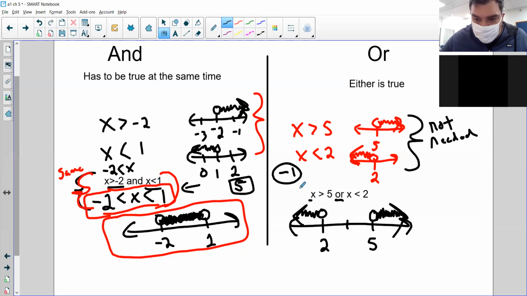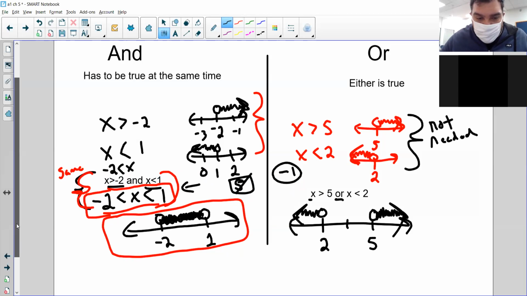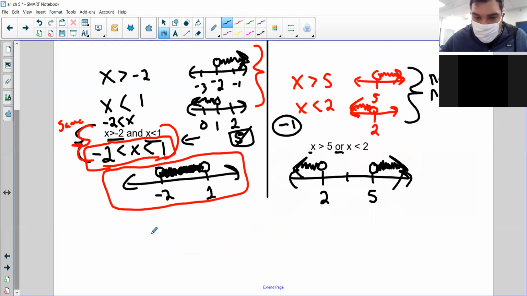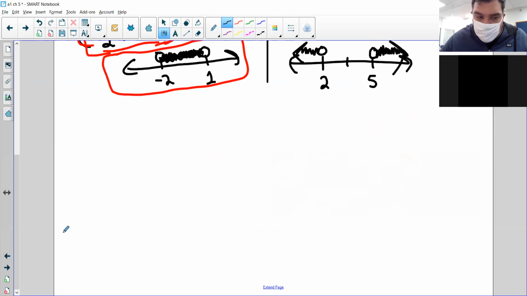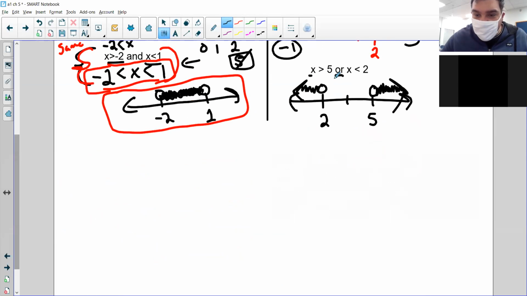Mr. Tobel, let's say it's a problem and you give us the graphing number. So each time that they're connected, it's considered an and statement, and each time they're separated, it's considered an or statement. If it's separated and it has literally the word or in it, yeah. Yeah, well, let's say you just give us the graph line, like just 2 and 5, and you see they're in opposite directions.